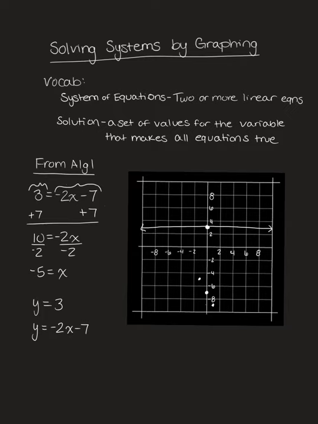And if I continue in this way, I will eventually get a solution. I will have a point there where the two lines intersect, and that x value right there is x equals negative 5. So that's what this means graphically, and we're going to look at more examples.